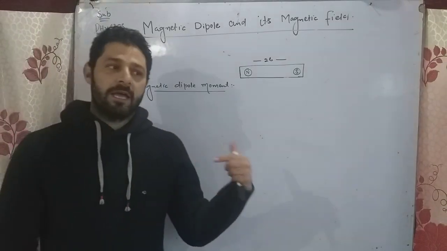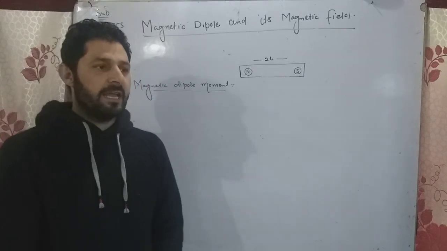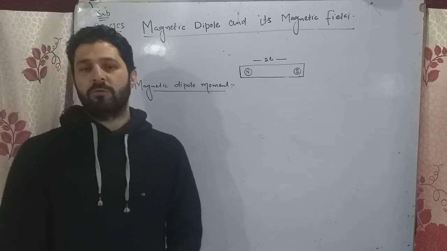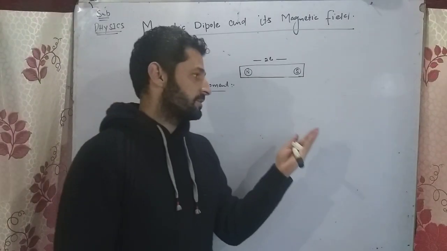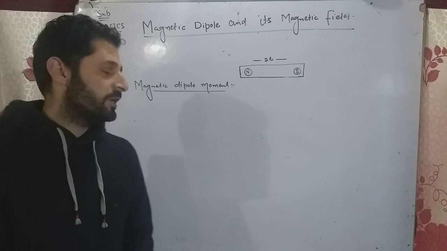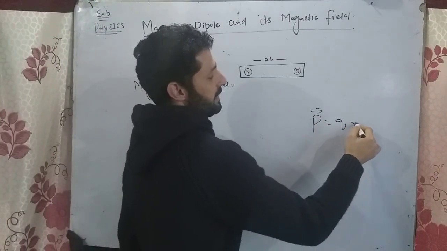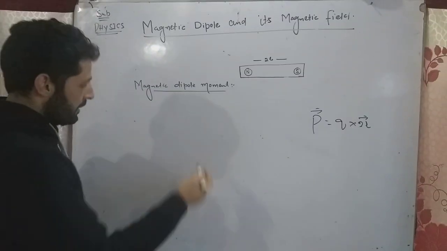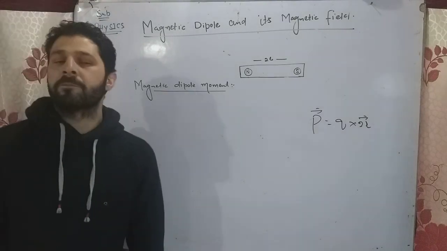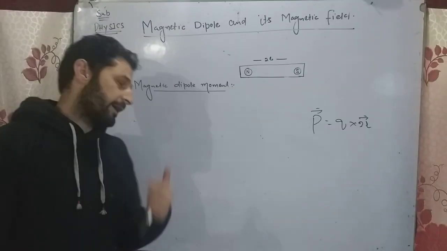Already we have discussed electric dipole moment, that it measures the strength of electric dipole. It is denoted by p is equal to q into 2l. This is about the electric dipole moment. Now here, magnetic dipole moment is the product of pole strength of either pole and dipole length.